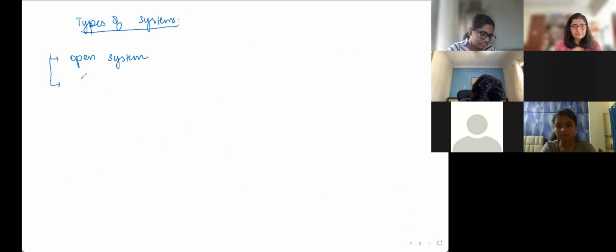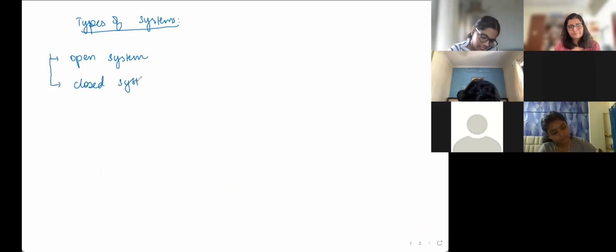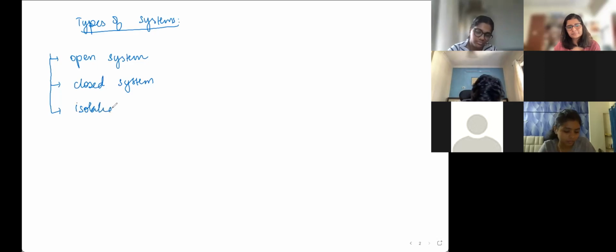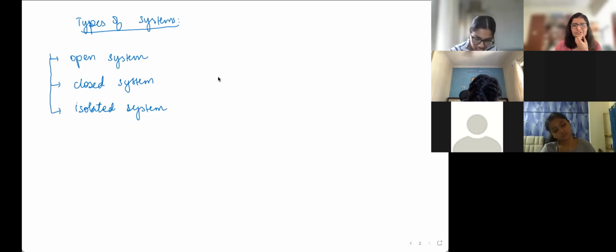Then you have something called a closed system. And you have something called an isolated system. Open system and closed system are pretty easy to understand.